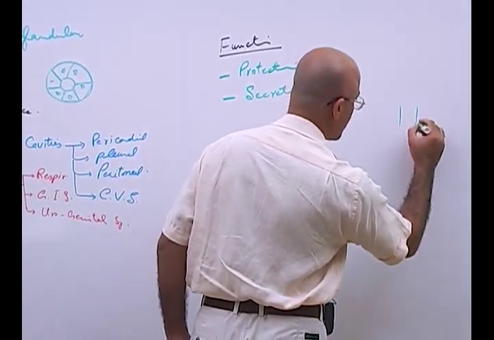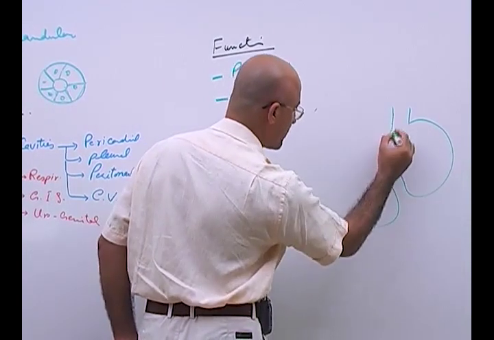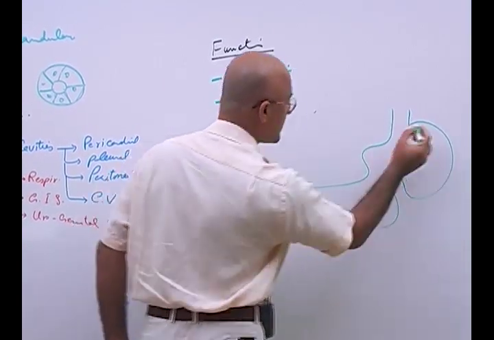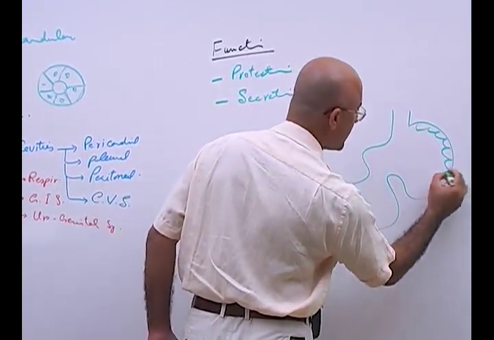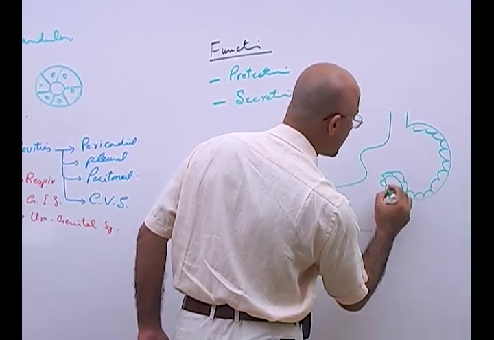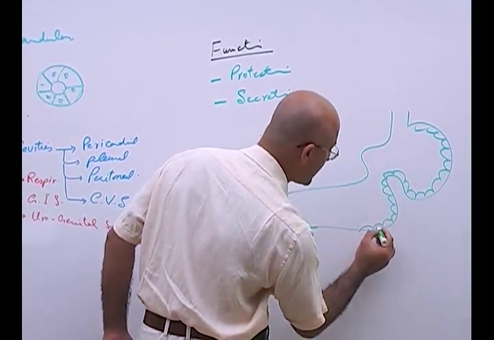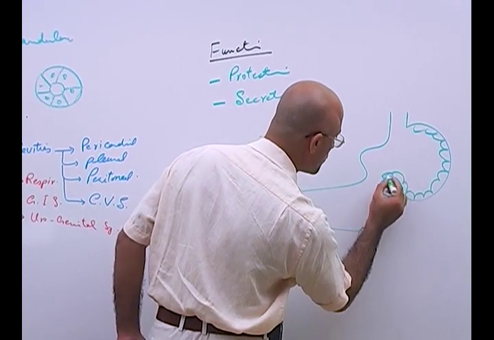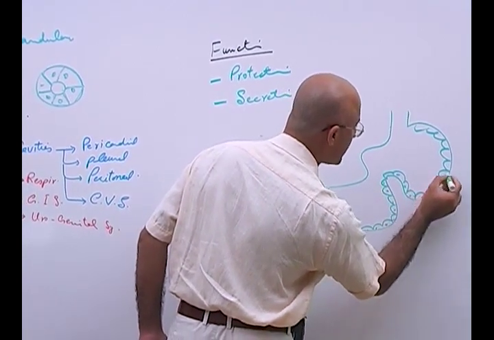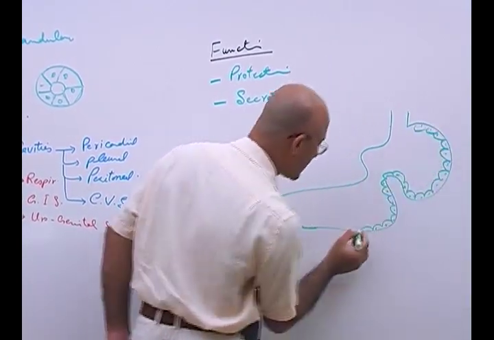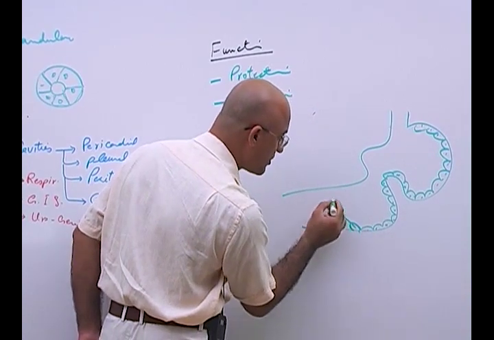For example, in the gastrointestinal system, let's suppose that here are epithelial cells. These epithelial cells, which are lining the gastrointestinal tube, can produce different types of secretions.